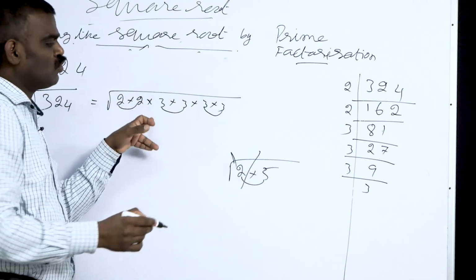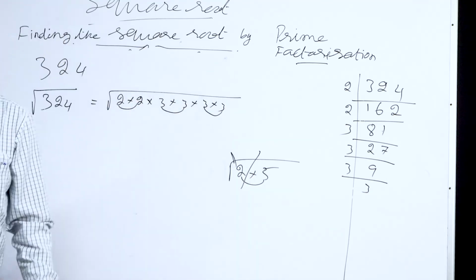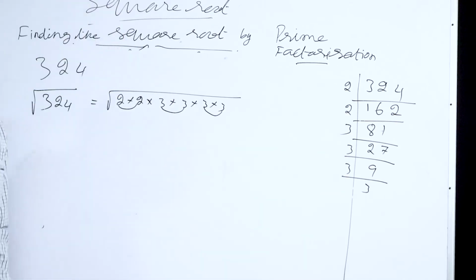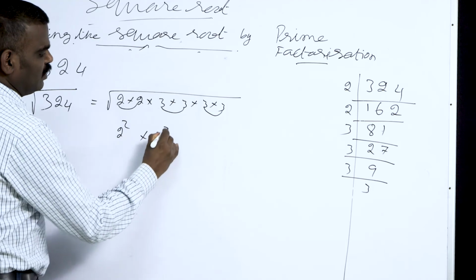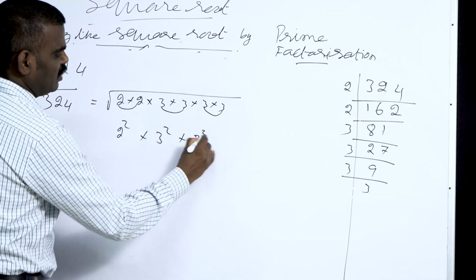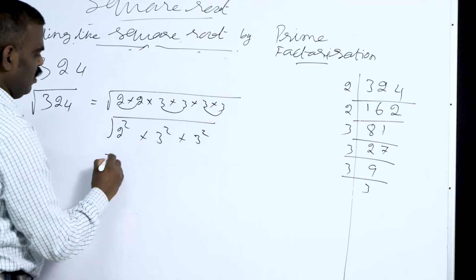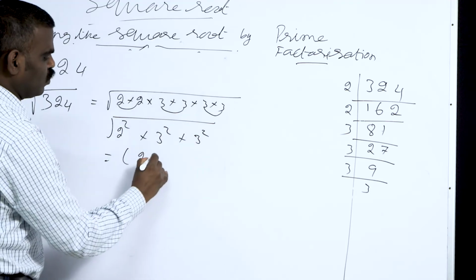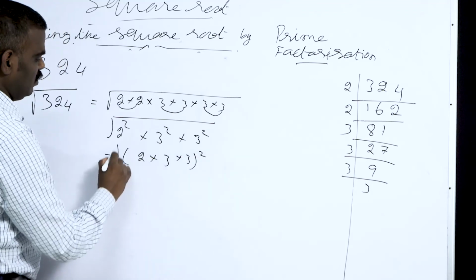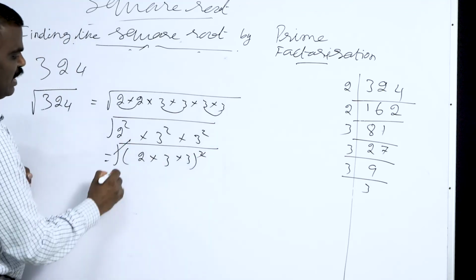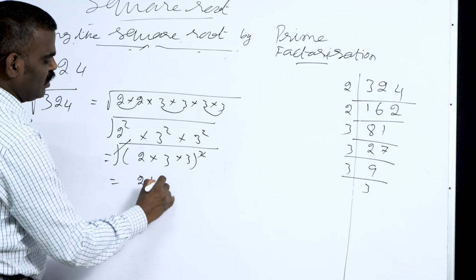Same number: 2 means another 2, 5 means another 5. Okay, next which one? 2 square, 3 square, again 3 square. Now 2 is common, so take the square common out. Now square and root cancel. So how much is left? 2 into 3 into 3.